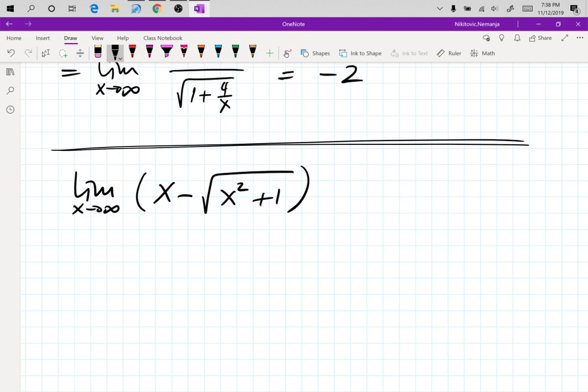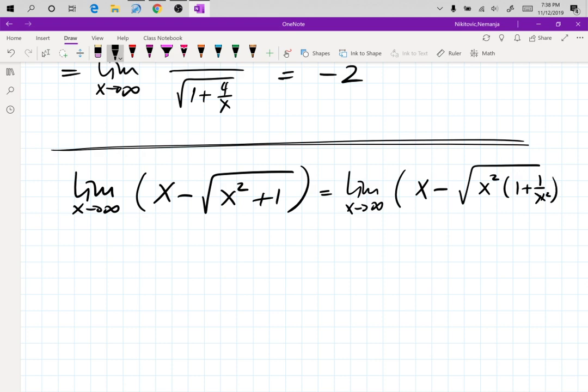Okay, so let's go. We factor x squared, which will give us 1 plus 1 over x squared. And then that x squared goes out as x.